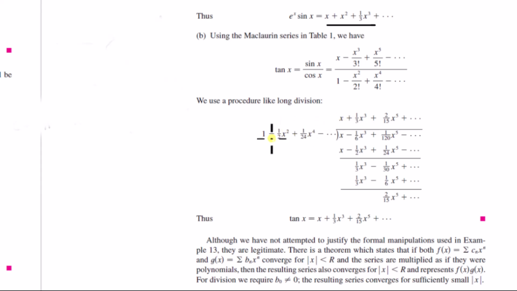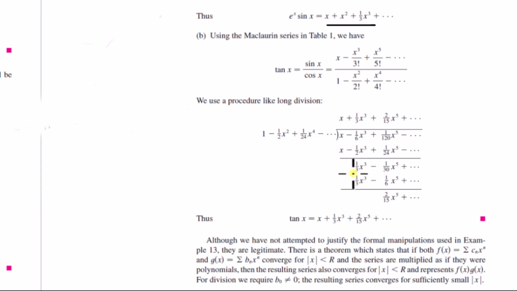Then you'd get x times minus 1/2 x is minus 1/2 x squared, and you need to line that up with the placeholder 0x squared. So depending on the problem, you might have to put placeholders in the divisor and dividend, which is not that big of a deal. Then they do 1/3 times 1/24 x to the 4th, line that up with the x to the 5th, and then you subtract these two, and it's always the case that the first term goes to 0. Now you're left with this.